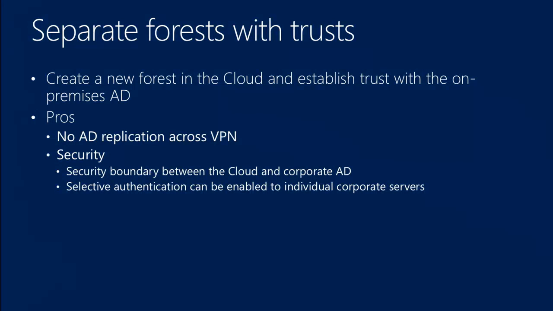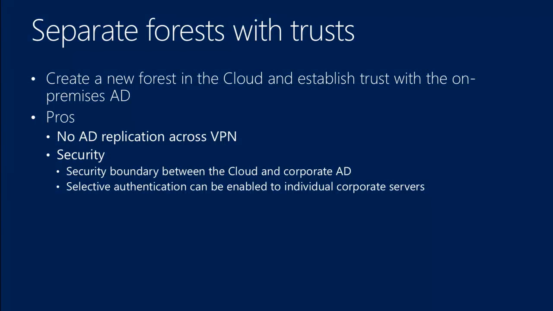In terms of security, you have a security boundary around the cloud, and you have a security boundary around your own AD, so around the cloud AD and around your own AD. But who can actually get up there and actually cause problems? Right? It's sitting in this secure data center. Selective authentication could be used, so you can actually have selective authentication across the trust to individual computers on-prem.